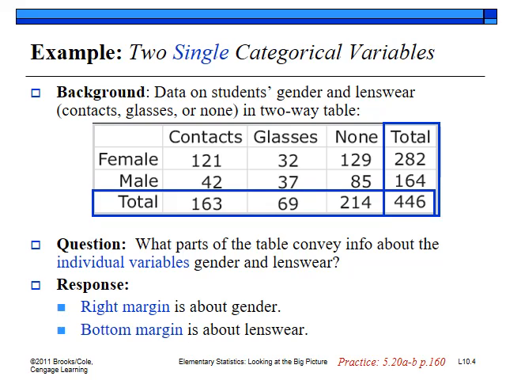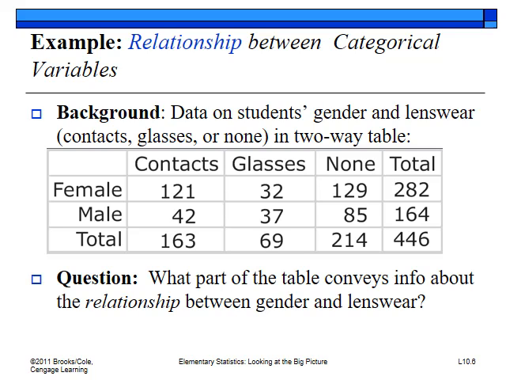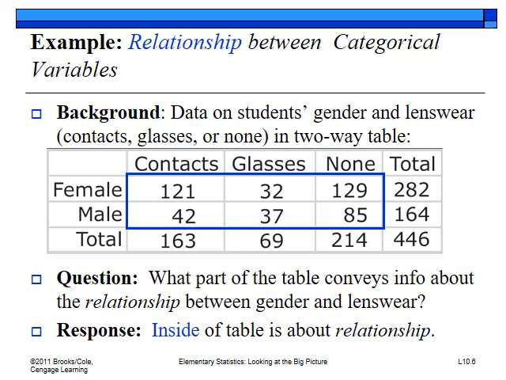The bottom row gives the totals for each type of lens wear. With the same table, what part of the table gives us information about the relationship, which is what we're focused on in this lecture? It's the numbers in the middle that give us the information about the relationship we're looking for.